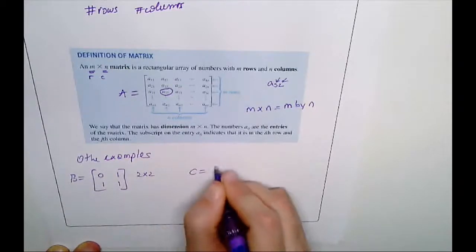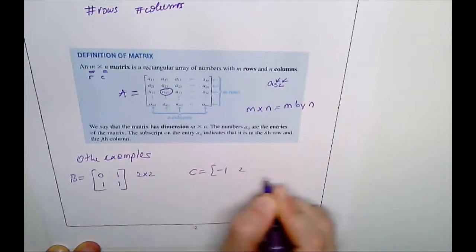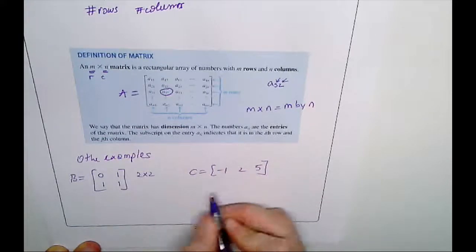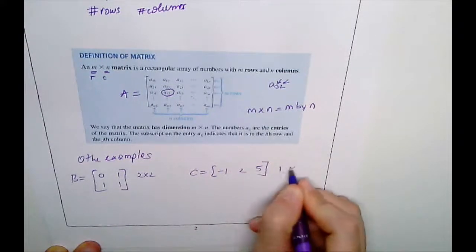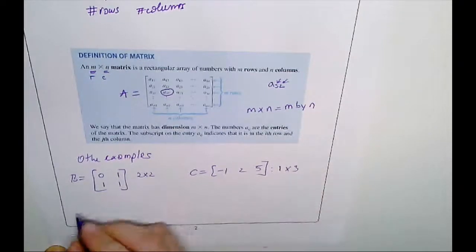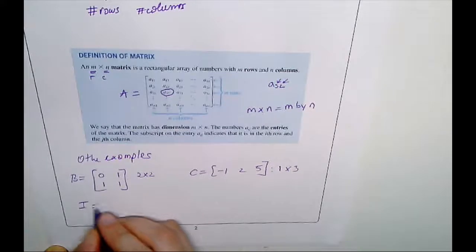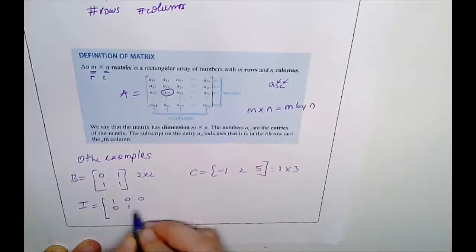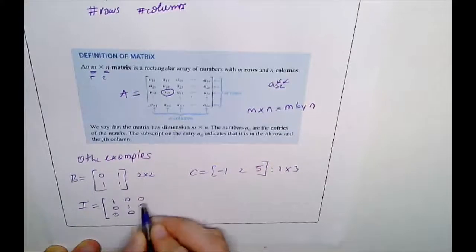The matrix C, what if I have something like this? What is the dimension of this? Well, how many rows do I have? It's 1 by how many columns? 1, 2, 3. What about this matrix? 1, 0, 0, 0, 1, 0, 0, 0, 1.